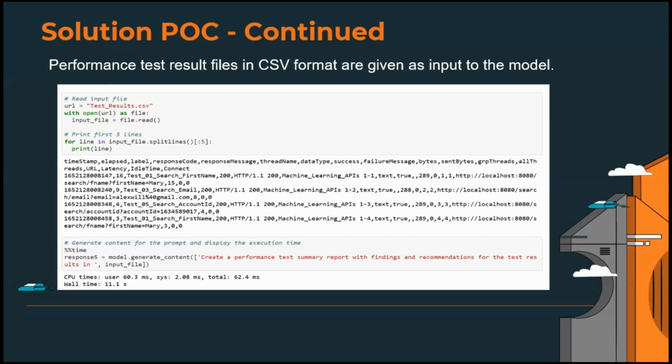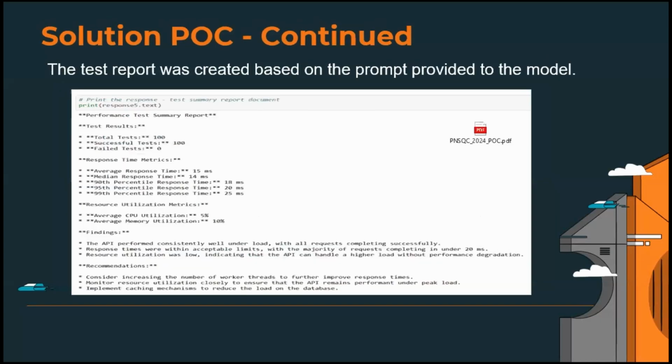Ideally, in a normal case, we have to go through all this data and come up with a report. Here, what I've done is I've asked the model to create a performance test summary report with findings and recommendations based on the data in this result file. This is a very high-level thing.